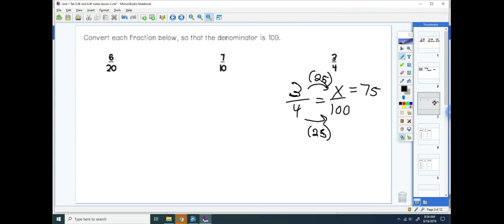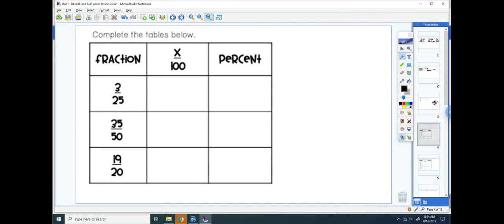Okay, so I'm going to complete the table. We have another table to complete. I'm going to do the first 3 with y'all, and then the next 3 you're going to do by yourself. And again, you might want to be doing this on scratch paper. So the first one is 3 over 25 is equal to x over 100.